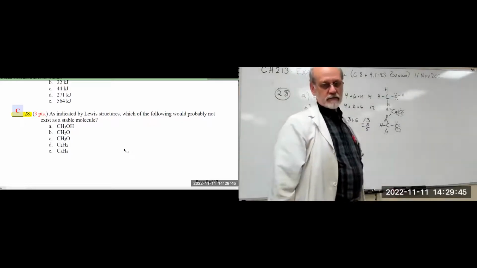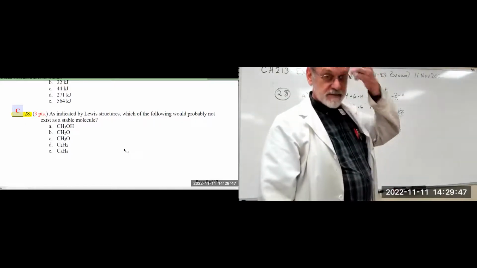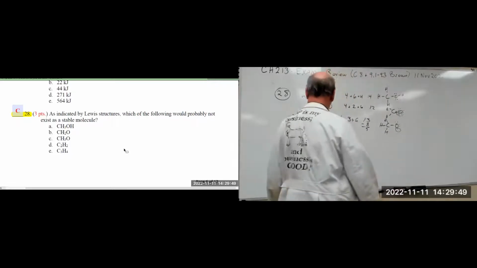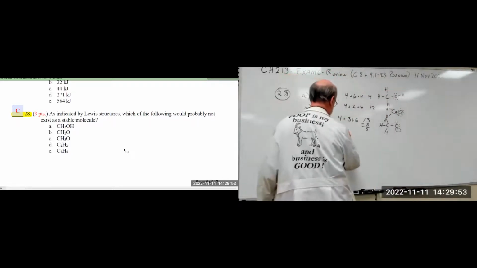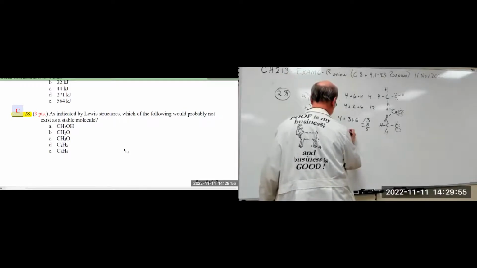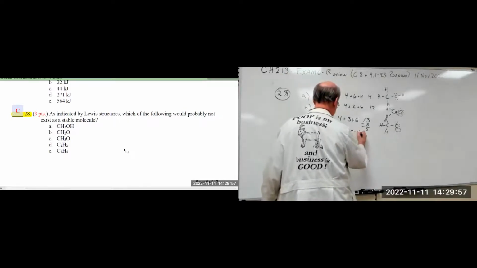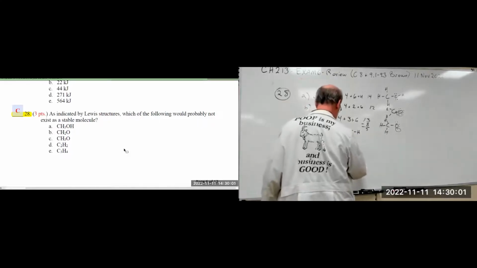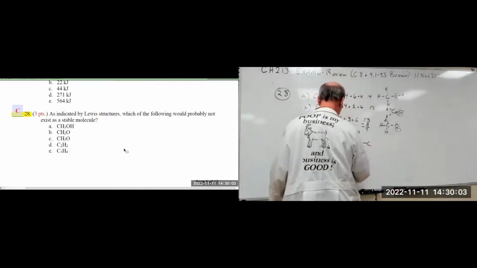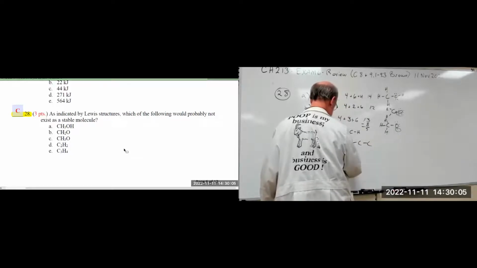Well, we found our answer. CH3O is not stable. Acetylene, I'll just go ahead and draw this one. There you go. That's very stable. C3 and 4 H's. Let's see.